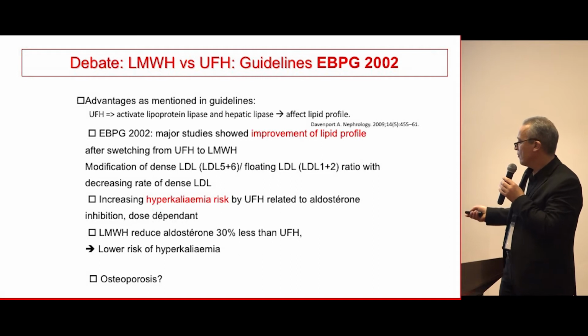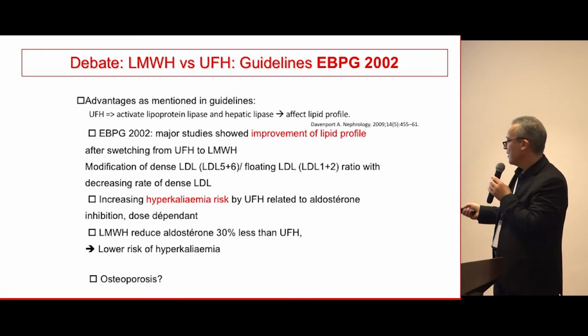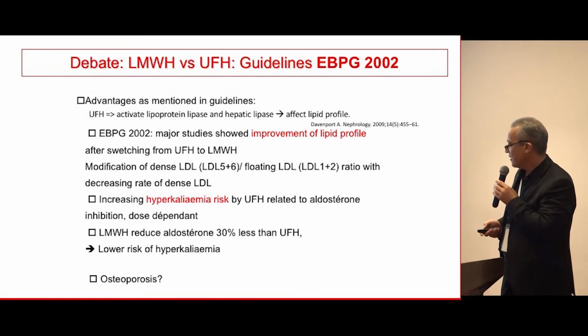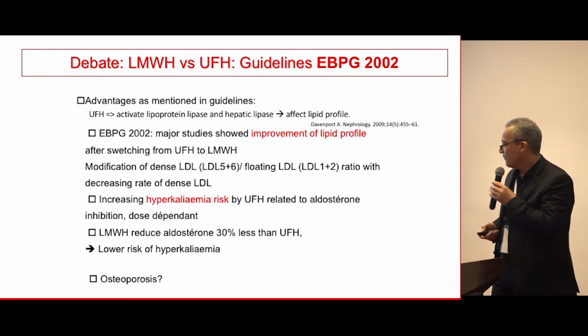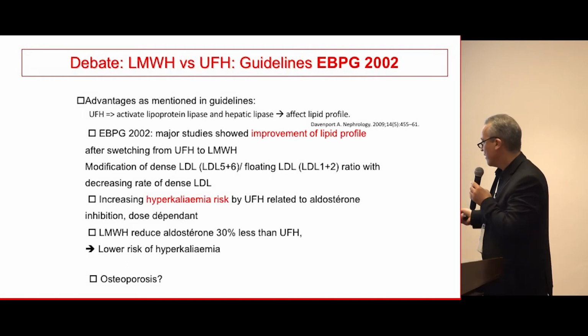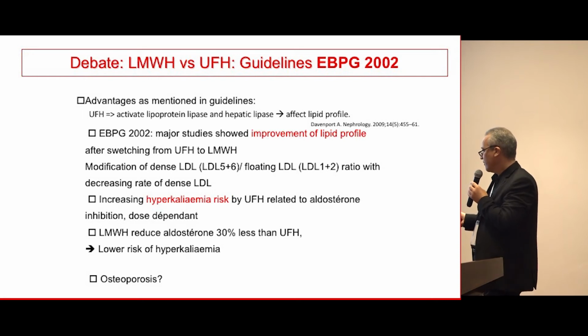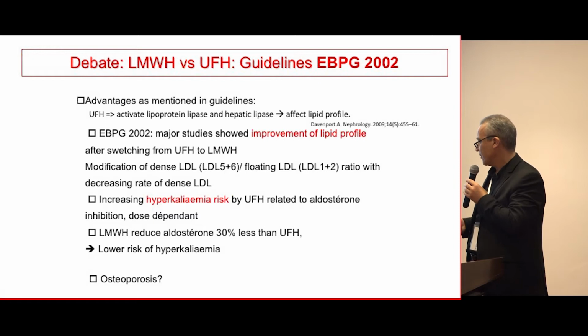Also, low molecular weight heparin causes less hyperkalemia compared to unfractionated heparin, related to the aldosterone inhibition with unfractionated heparin, which is also dose dependent. And low molecular weight heparin reduces aldosterone up to 30% less than unfractionated heparin.